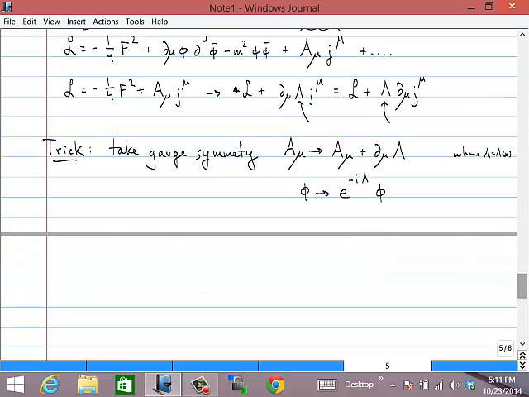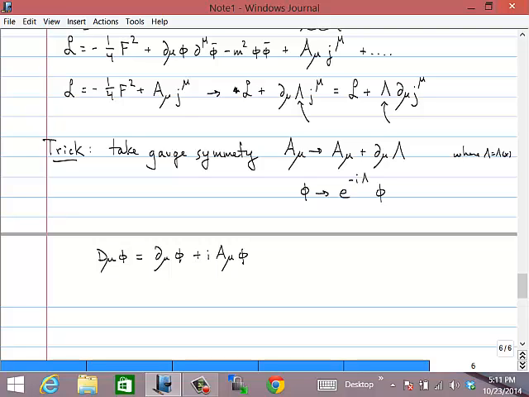And the observation is the following. The observation is that if you consider the following combination of A and phi, called the covariant derivative of phi, then under a gauge transformation, this transforms in a very simple way.